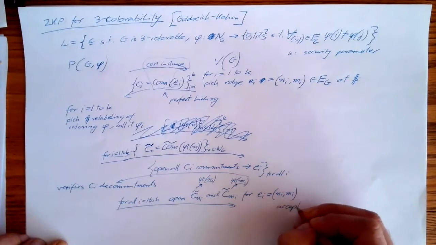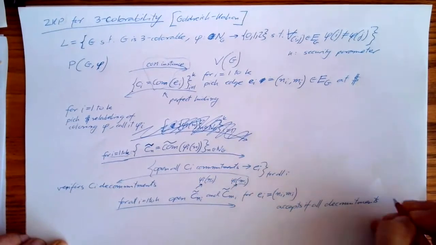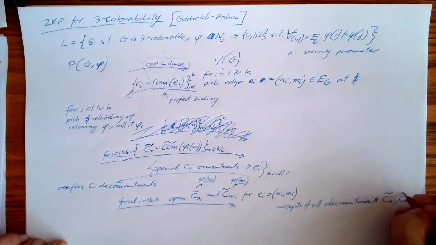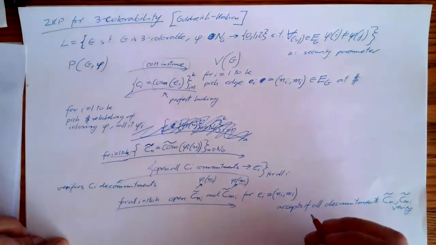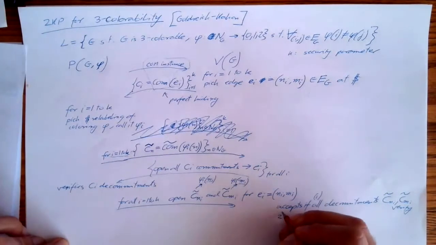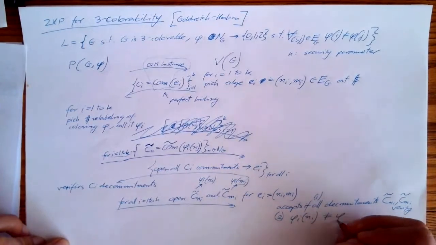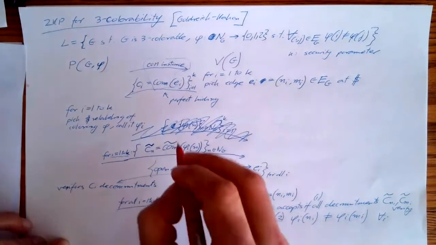He accepts if all decommitments are correct, and moreover, the labeling of these two nodes is indeed different. And that's it. It's a 5-round proof.